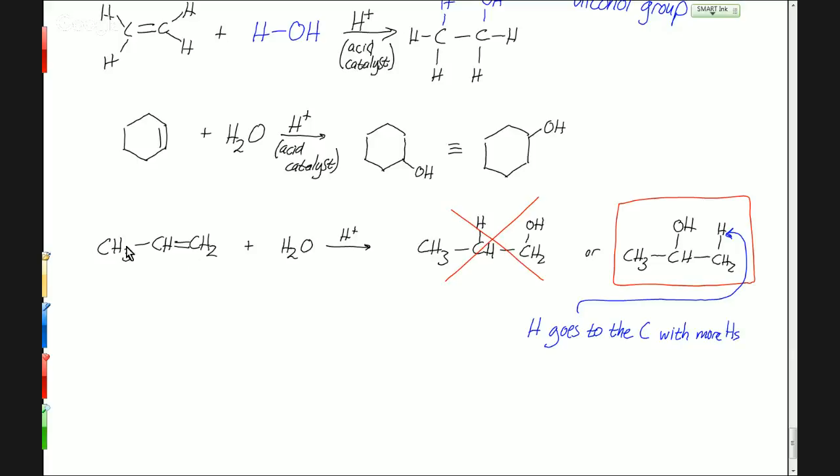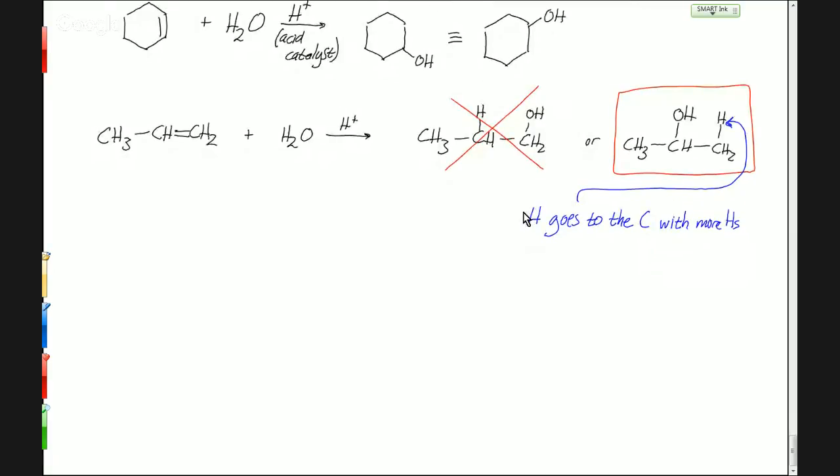In other words, you look at this structure over here, and you say, okay, I know this is an addition reaction. We have to add the water to the double bond. This carbon has one H on it. This carbon has two H's on it. So therefore, the H from the H2O is going to go on this one, and that leaves the OH going in the middle. You see how that logic works itself out?